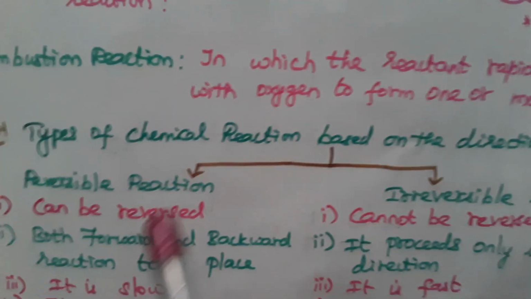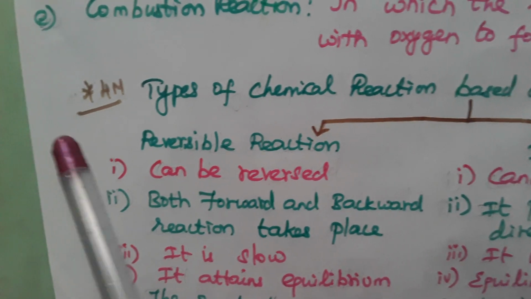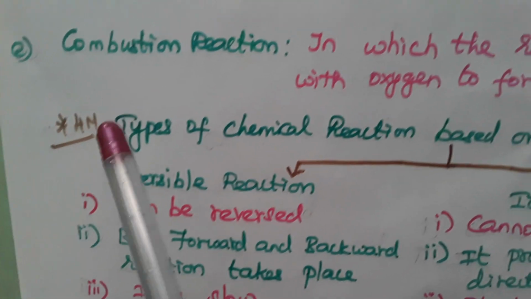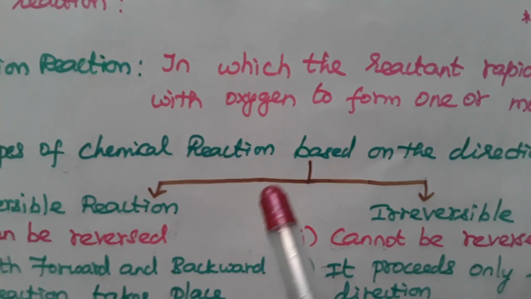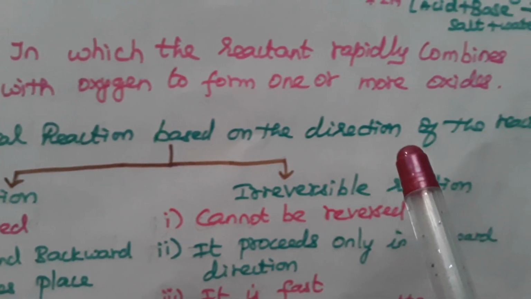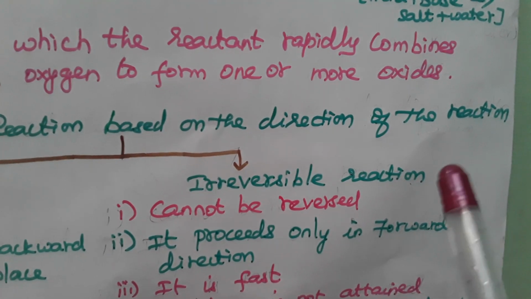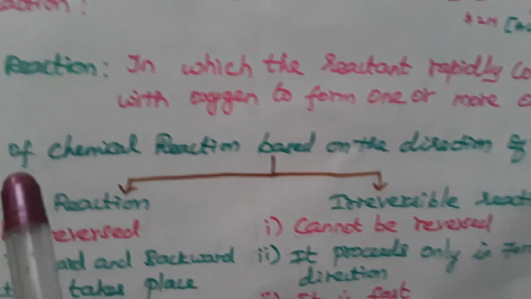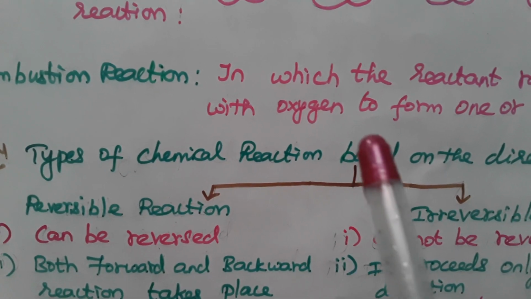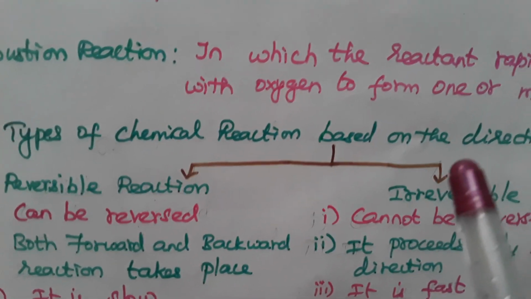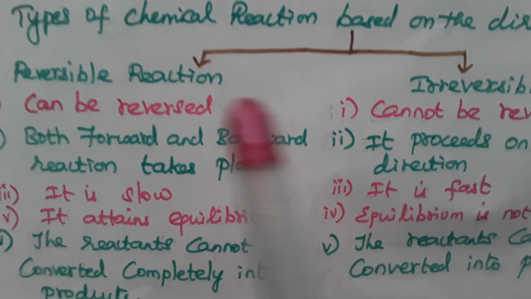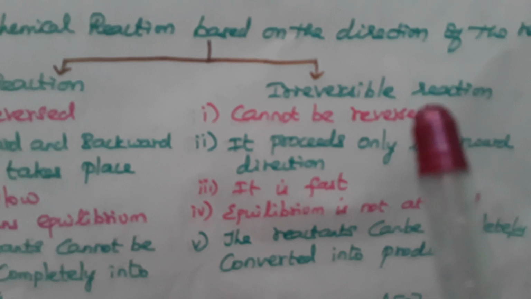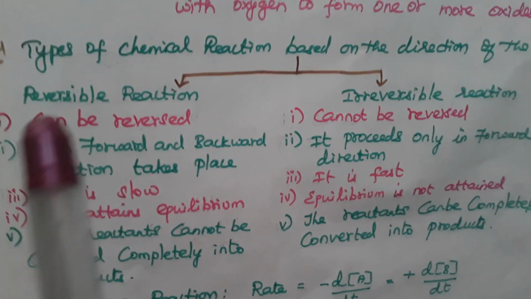Next, we will move on to the next category. One important 4 marks. Types of chemical reaction based on the direction of the reaction. Based on the direction of the reaction, types of chemical reaction are classified into 2 categories. Reversible reaction, irreversible reaction.